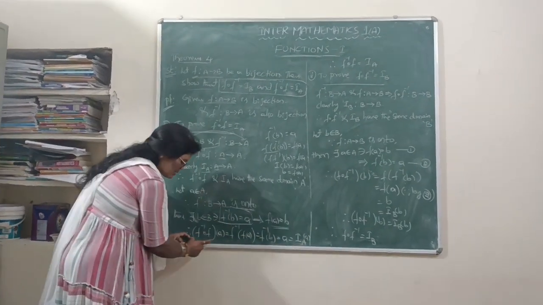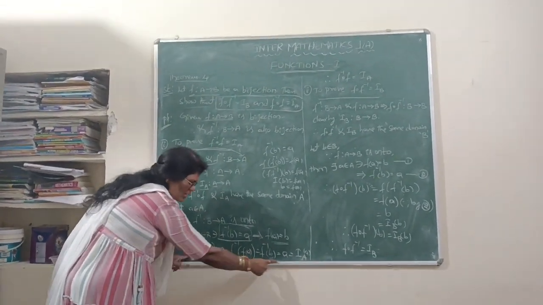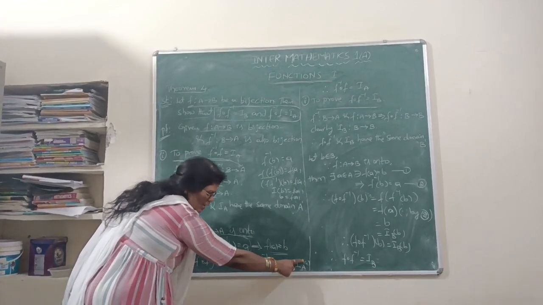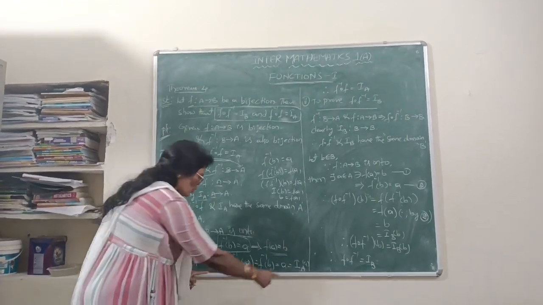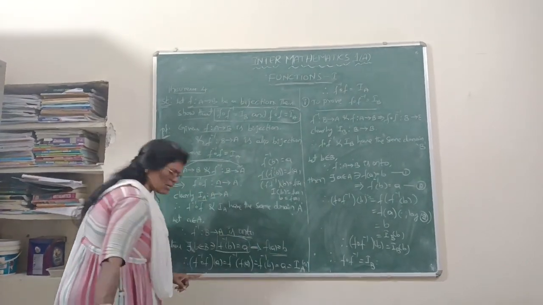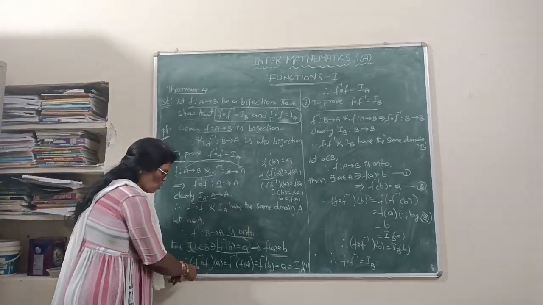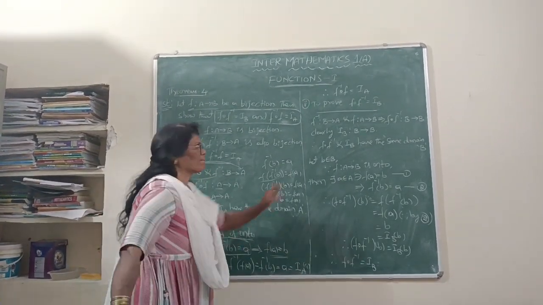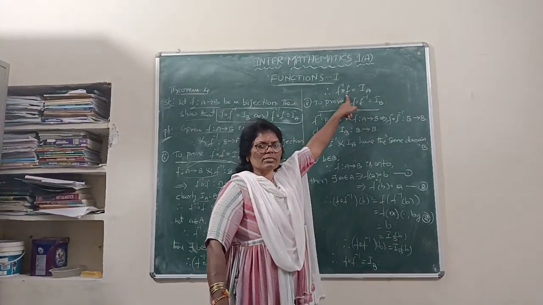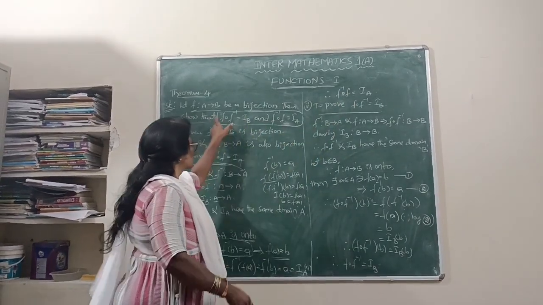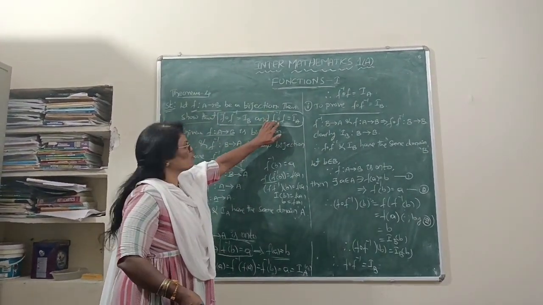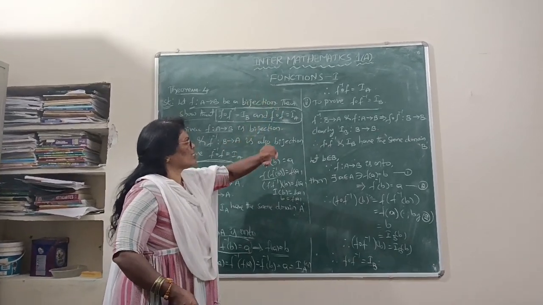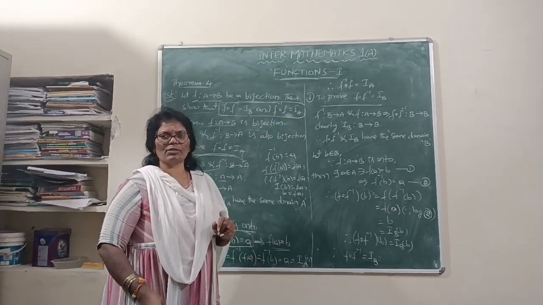That means f inverse composite f of a is equal to a. And a is the identity function, IA of a. On both sides a is common, so f inverse composite f is equal to IA. This is the required condition that we needed to prove.